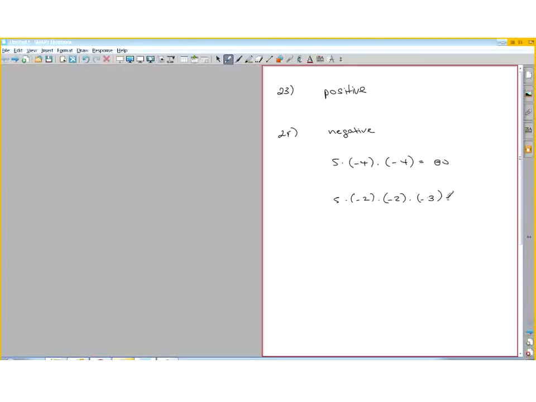And so this is going to be a negative result. And then you can just multiply the numbers together. So 5 times 2 is 10, times 2 is 20, times 3 is 60. So you get negative 60. So that's the deal when you have more than one negative number, more than 2 negative numbers.